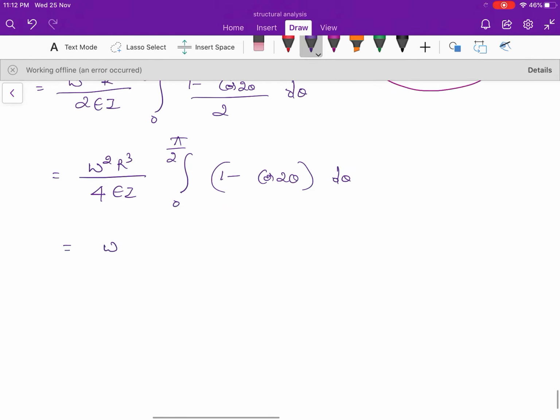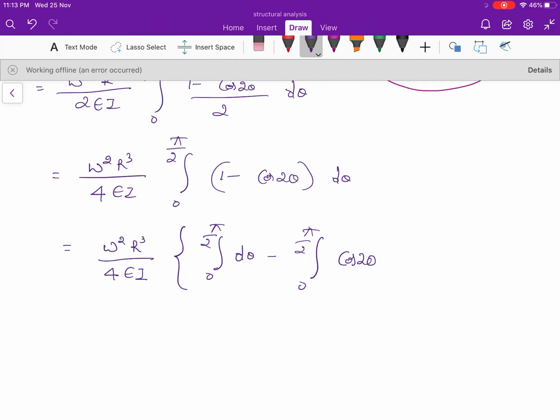Next, w square r cube divided by 4 EI, let me divide it like this: integral d theta from 0 to pi by 2 minus integral 0 to pi by 2 of cos 2 theta d theta.